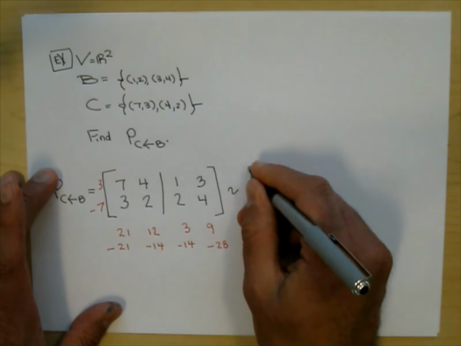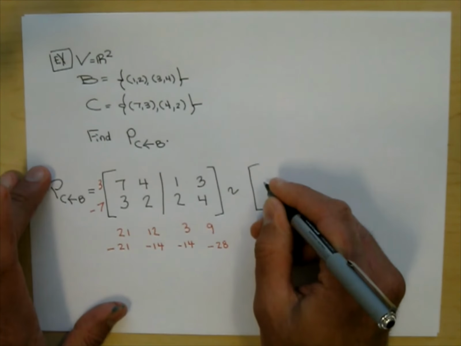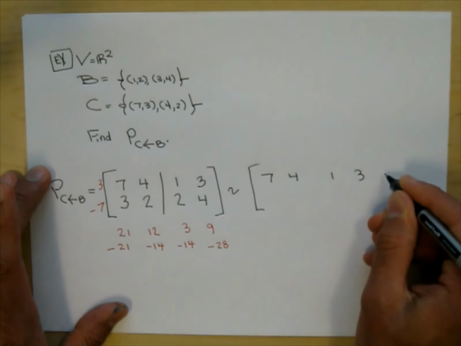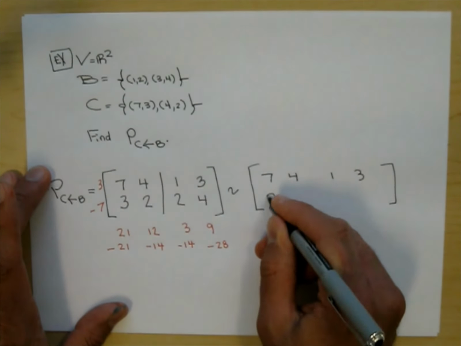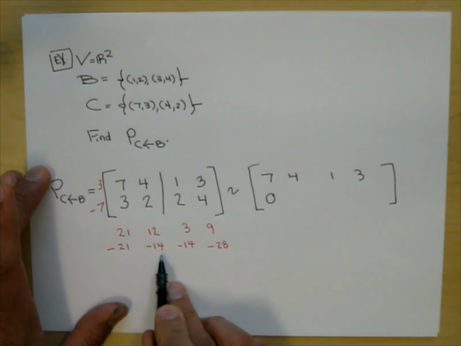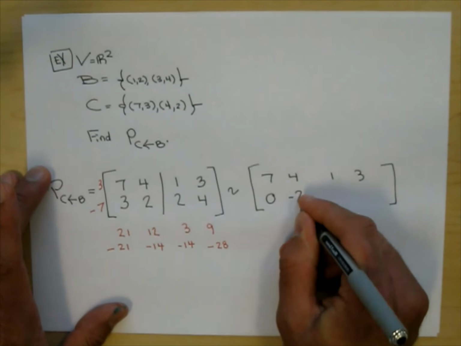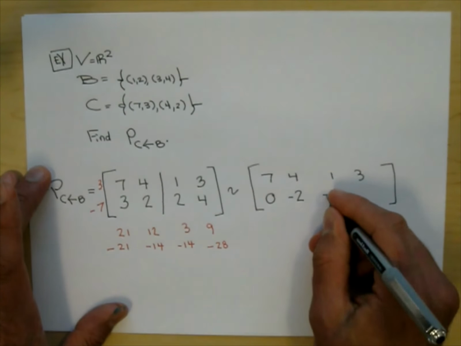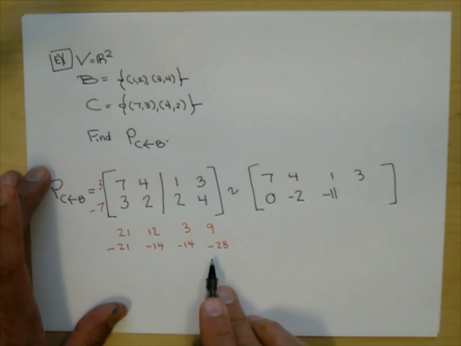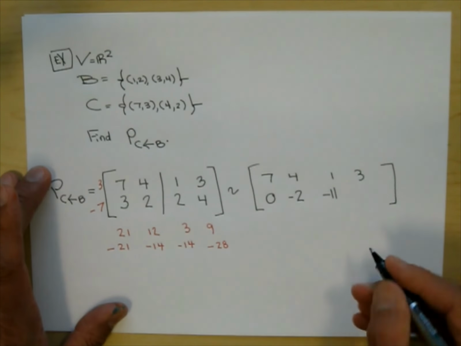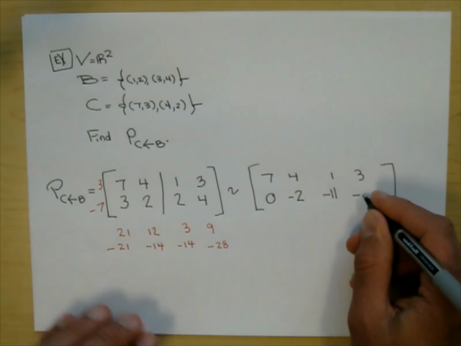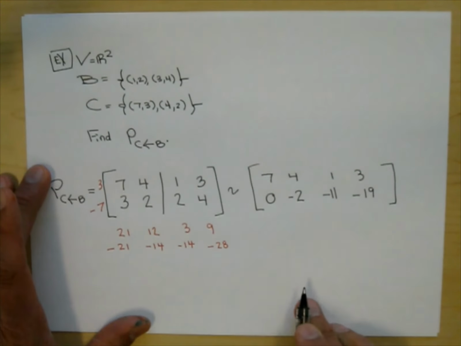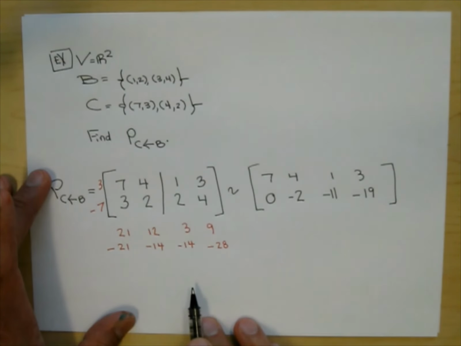So when I do that, I end up having 7, 4, 1, 3. This one gives me 0. That's what I want. And then right here is -2. This guy right here is -11. Starting to get a little yucky here. And then this is -19. So that's what we have.